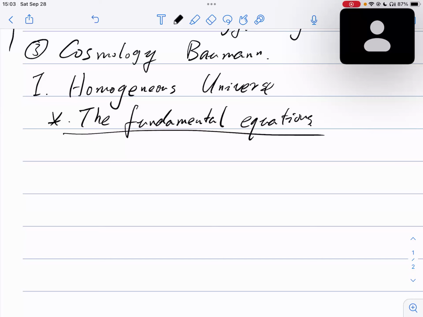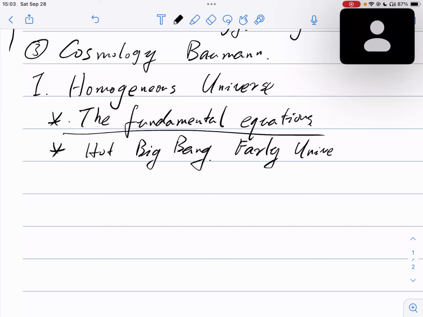And using these two fundamental equations, we'll construct the hot Big Bang model, and something about the early universe. And the last topic about the homogeneous universe is inflation.